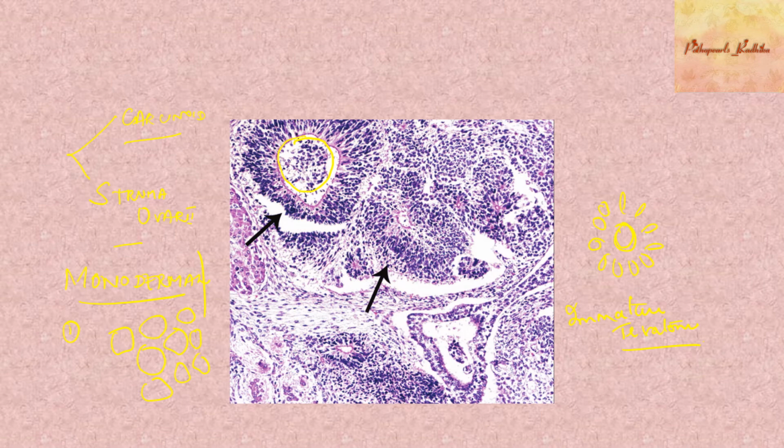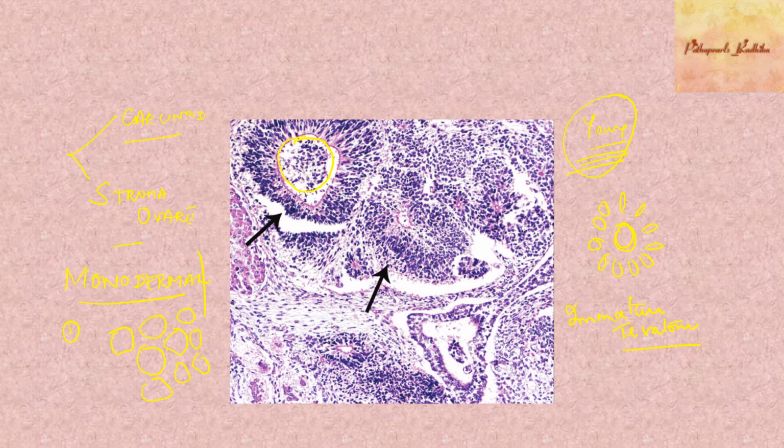So what age group do you think these teratomas are common in? Teratomas are common in the young age group, especially the reproductive age group. They usually present as cystic masses. They can have solid areas, and you have to sample extensively to look for different areas.